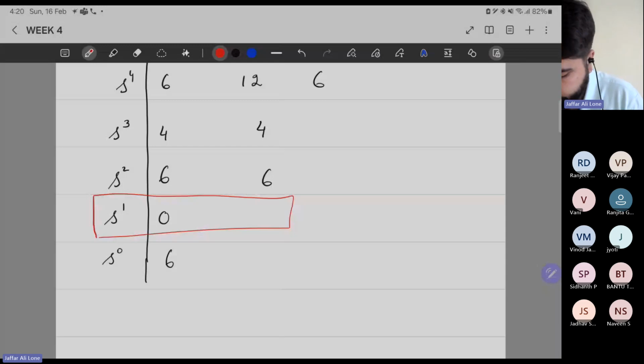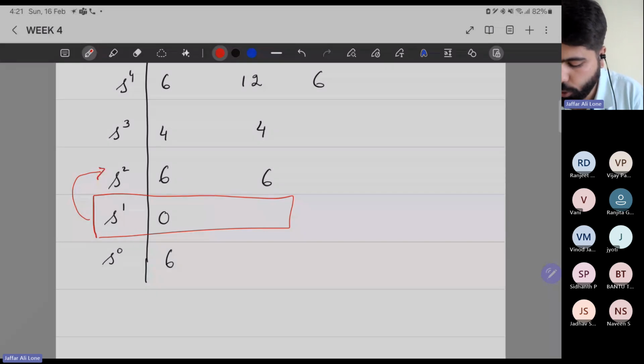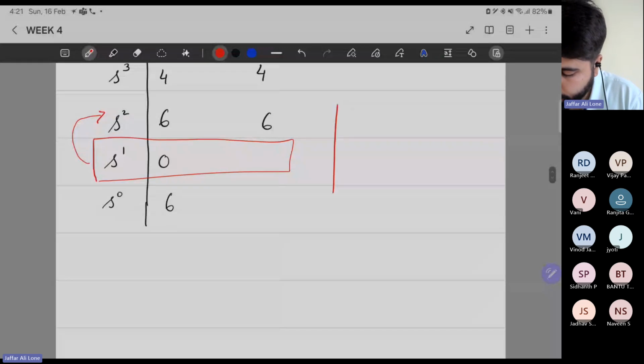Correct? So I said whenever there is a row of zeros, we have to make an auxiliary equation. And how do we make that auxiliary equation? We have to look for the elements of the row preceding the row of zeros. So we have to look for this s square. So in this case, my auxiliary equation will be 6s square plus 6.